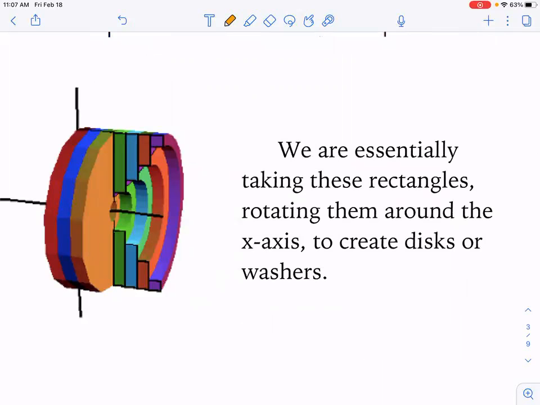So here kind of is like a look inside. So because my curve kind of angles up like this, we have like this hole that gets bigger and bigger as we go out, right? So we have these infinitely many, infinitely thin discs, okay, where they have a hole in the middle. That's why we call it the washer method, okay?